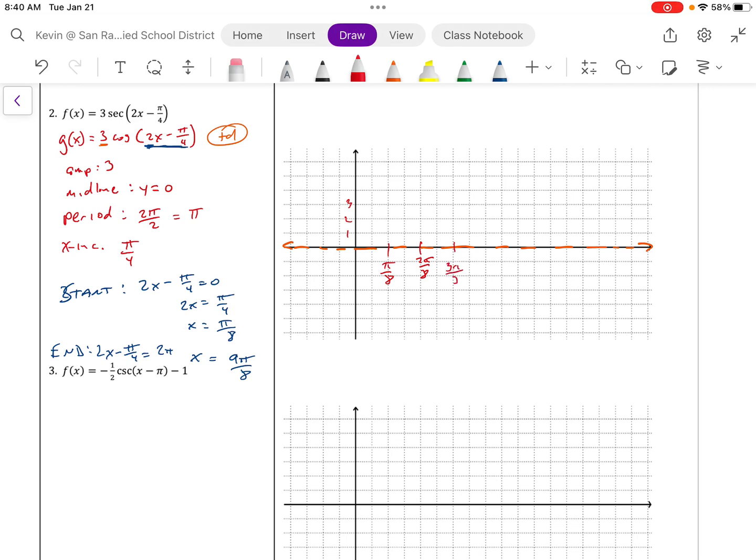You need to make sure you keep your spacing the same. 4 pi over 8, 5 pi over 8, 6 pi over 8, 7 pi over 8, 8 pi over 8, and 9 pi over 8. And I know my start point is at pi over 8 and at 3 because of my amplitude.